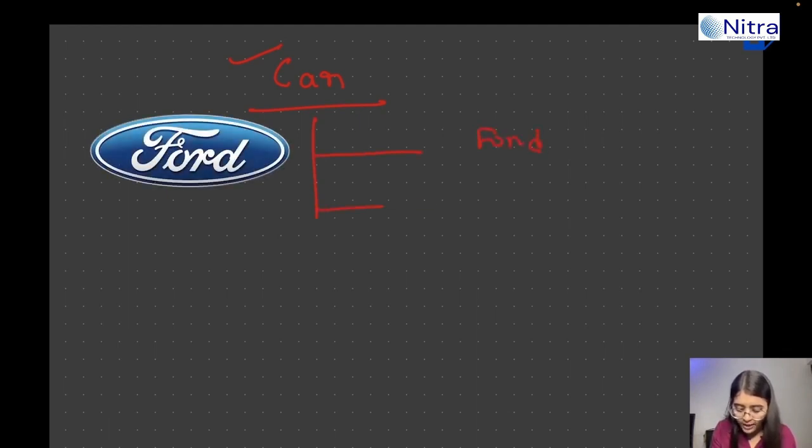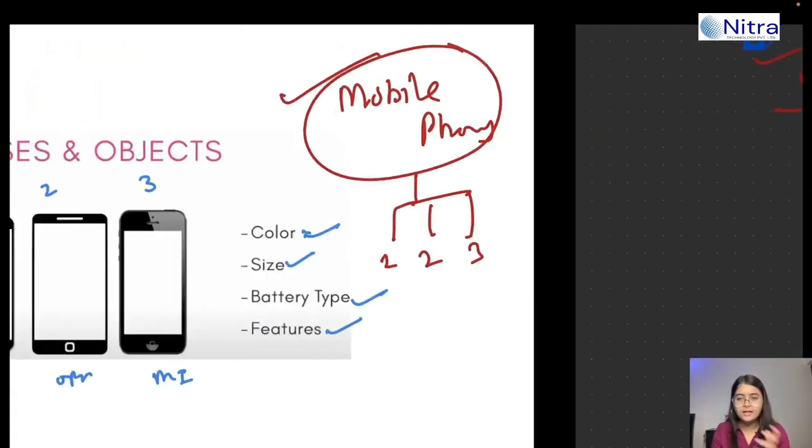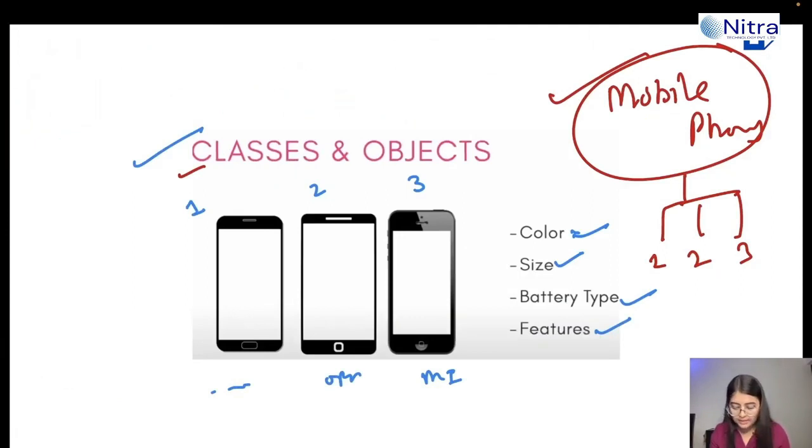To make it more clear, let's say you have a class of car type, then inside this you can have multiple objects, right? You can have an object of type Ford, an object of type BMW, an object of type Tata, etc. So many cars are there, right? That's how the concept works: inside a class, all the objects will be related to that class.